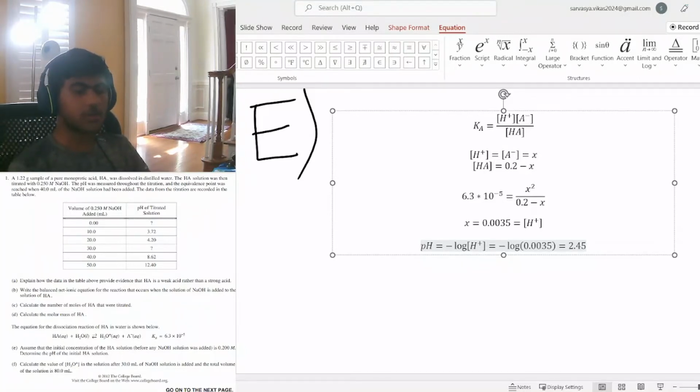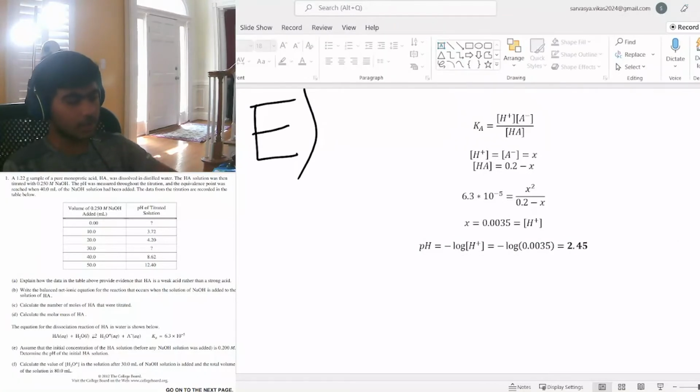This is why you use the log of whatever you got as the graph instead of just the 0.0035. Our answer for the pH is 2.45. That is the pH of the initial solution.